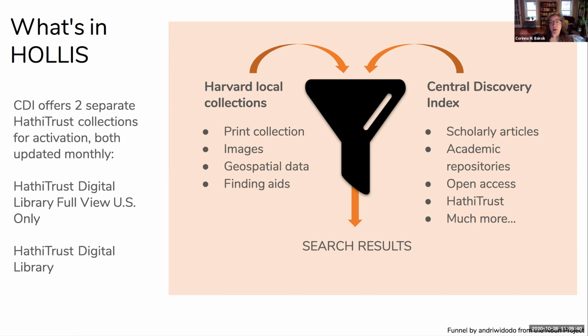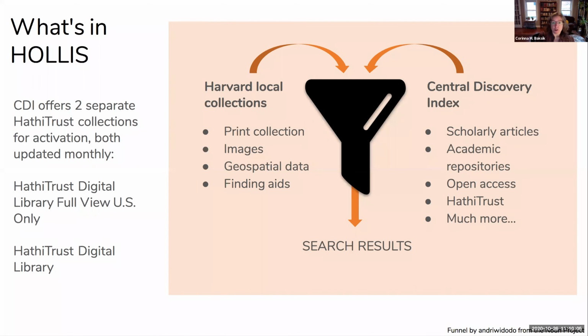Ex Libris also harvests a number of open access repositories and academic repositories. And of interest today, they harvest metadata from HathiTrust. They offer two separate HathiTrust collections that you can activate. One is just things that are in full view in the US, and the other is everything, so full view and limited search.